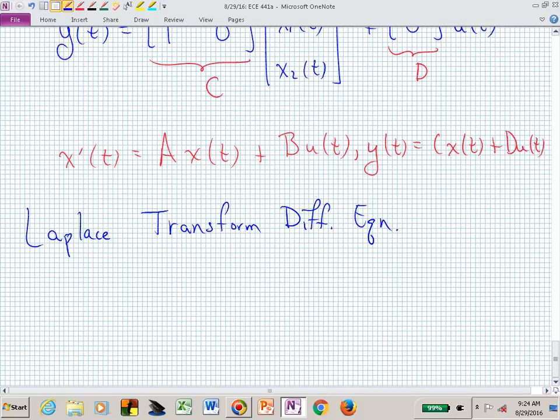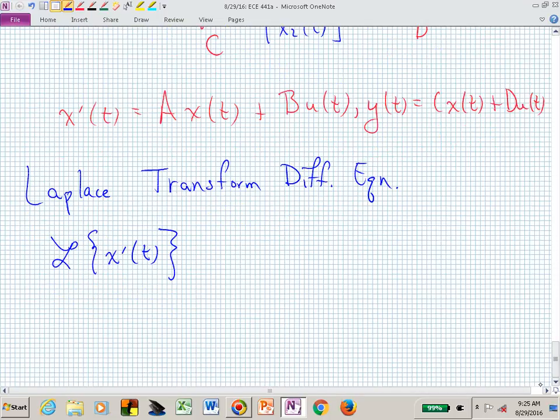Let's now Laplace transform that differential equation. And I'll cheat a little bit. I'll do the easy step. Here's the Laplace transform of the left term, the Laplace transform of x prime. At least you might get a point out of 50 on the exam if you did that.